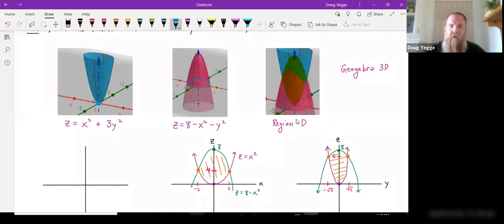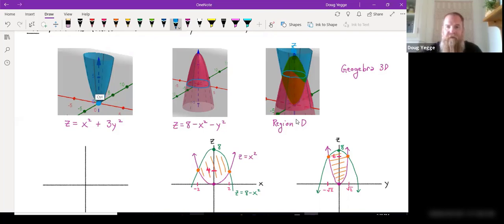But that's not really what we're interested in when we're looking straight down from the z-axis. What is it going to look like when they intersect each other? Not when z is equal to 0, but when they intersect each other.